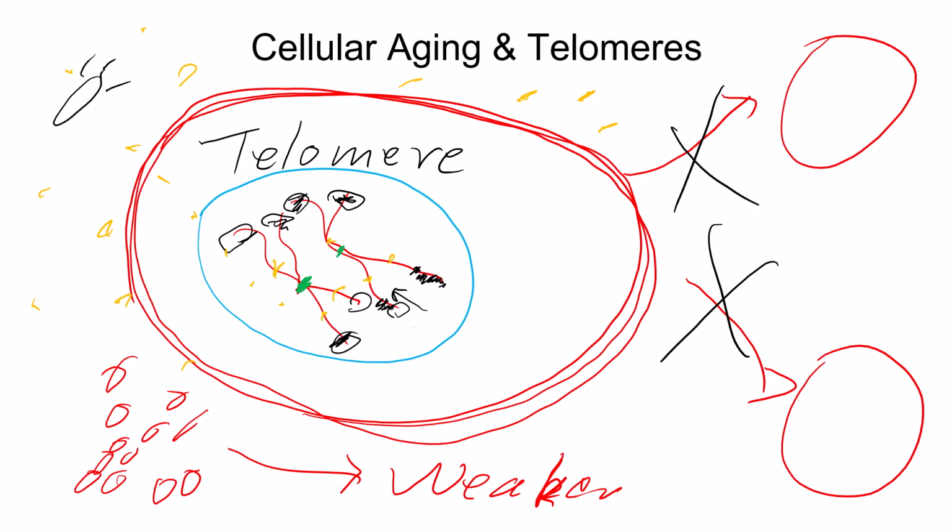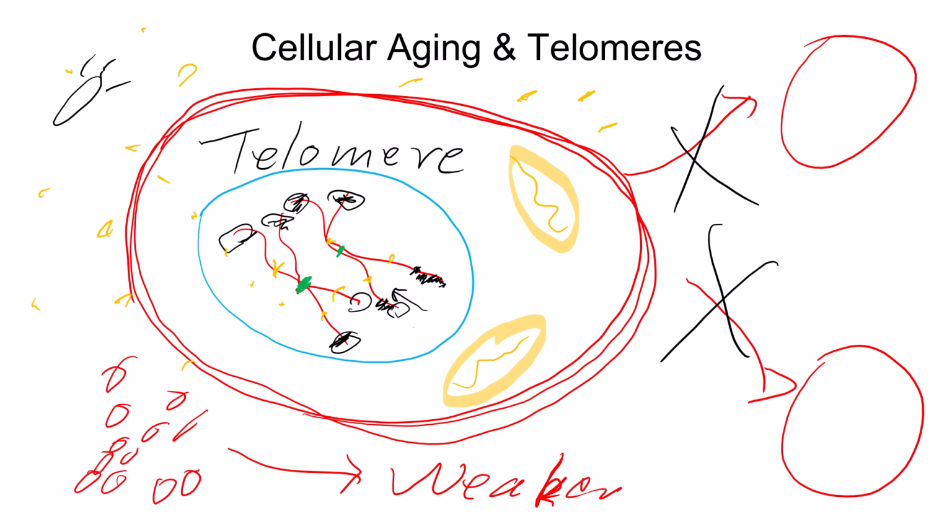And so this can cause cells to wear out faster. Also, we've talked previously about the mitochondria in cells that make the energy. And as you get older, those can wear out and they can't make as much energy for you.